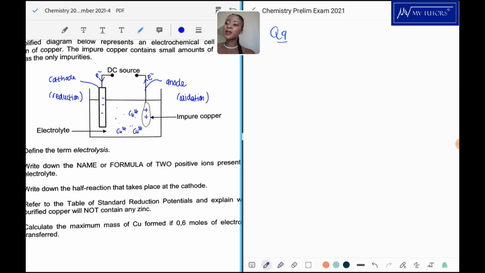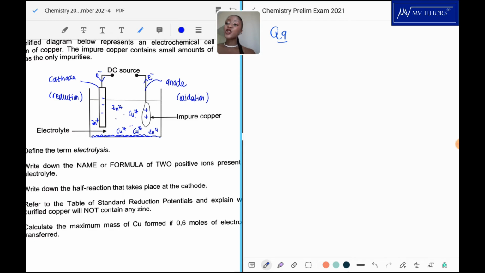Remember you also have zinc in this solution. And what happens to your silver? Well, silver will form at the bottom here. It'll become like a sludge that's just going to settle at the bottom.